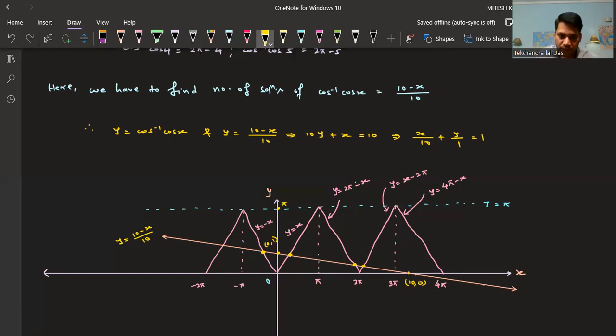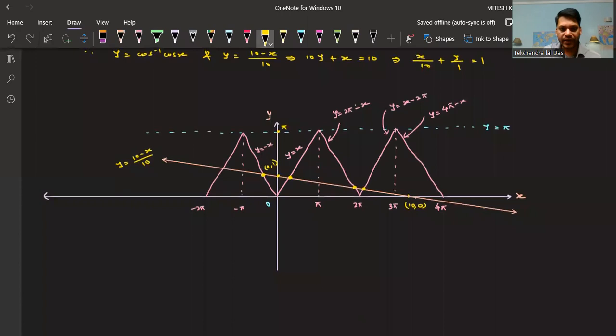So we can find the value of x by solving these 2 equations, for each solution. But in the question it is only asking the number of solutions. So our answer is 3.